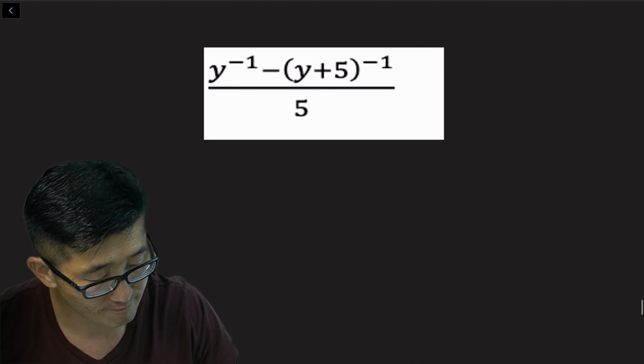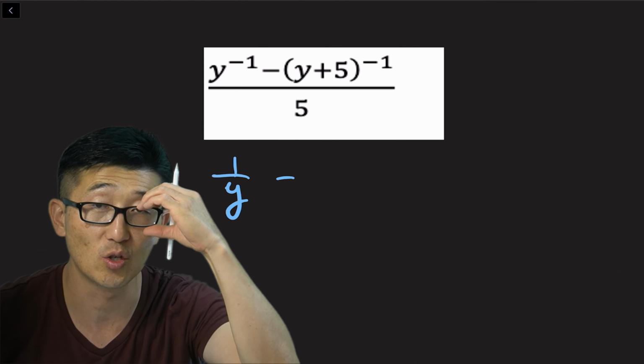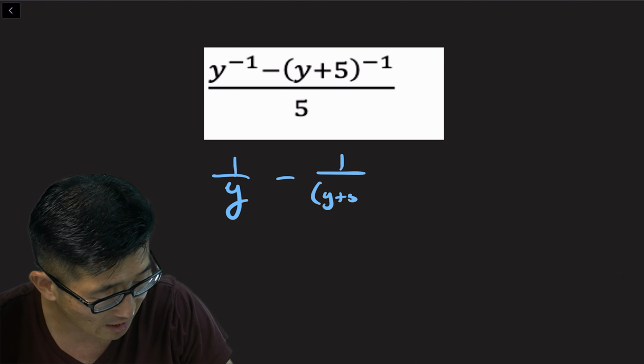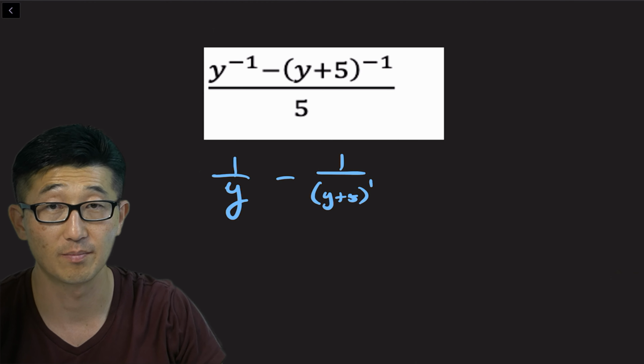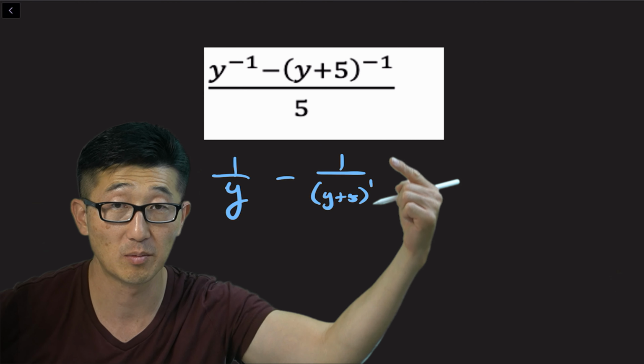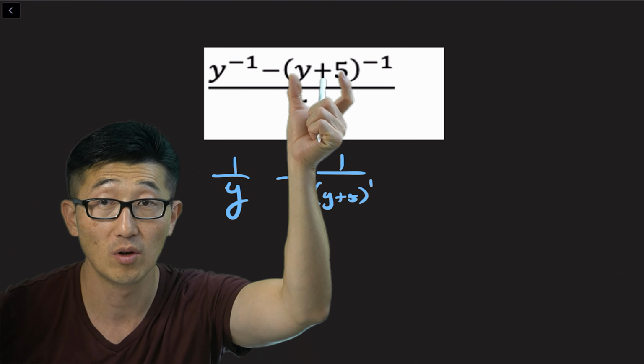So you just write this as 1 over y minus, now if you have a parenthesis to negative 1, that whole parenthesis, you have to treat it like one number. It'll become 1 over y plus 5 to the first power. Now, you don't have to write that 1 there, but just to make it clear, that negative 1 becomes positive 1 as the whole parenthesis comes to the denominator, and this is over what? 5.